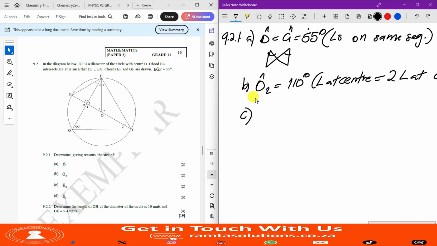C, we are looking for angle E2. Do you guys see angle E2? I see it. So here is angle E2.